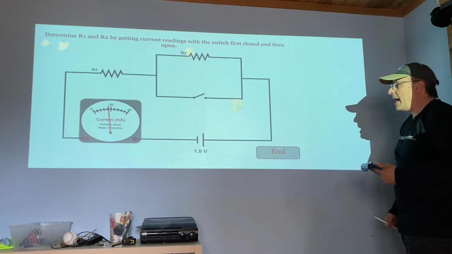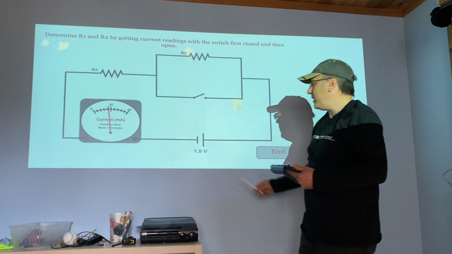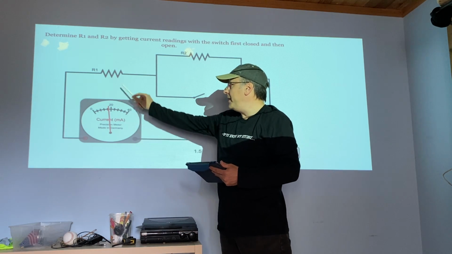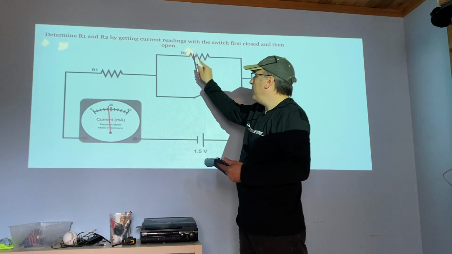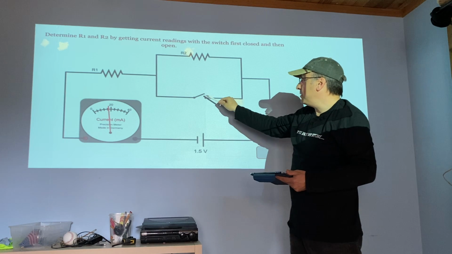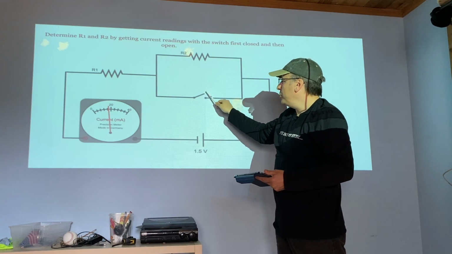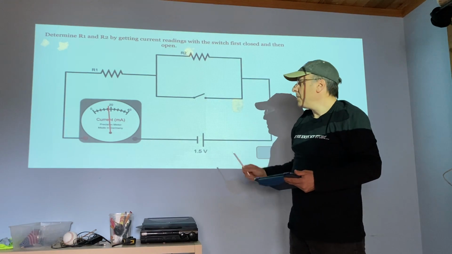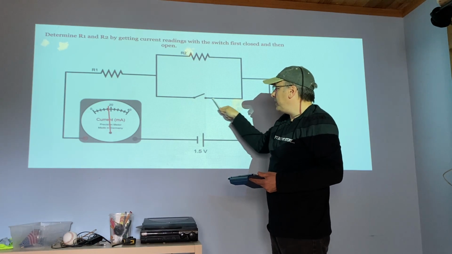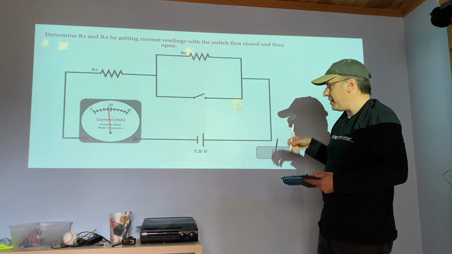Okay, so what we have is a circuit that has a battery, a current meter, resistor 1 and resistor 2, and then a switch. This switch, you'll notice, starts out open, which means that no electricity can flow through this bottom path.